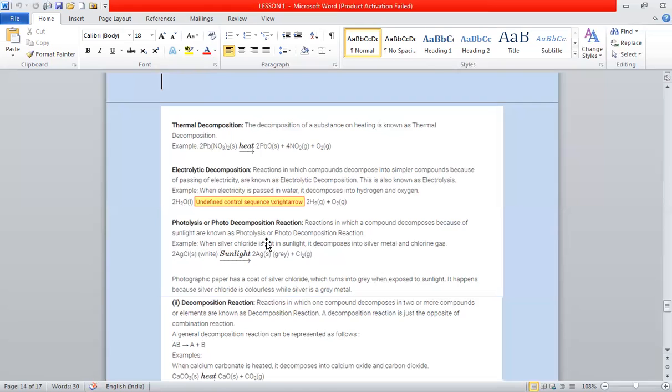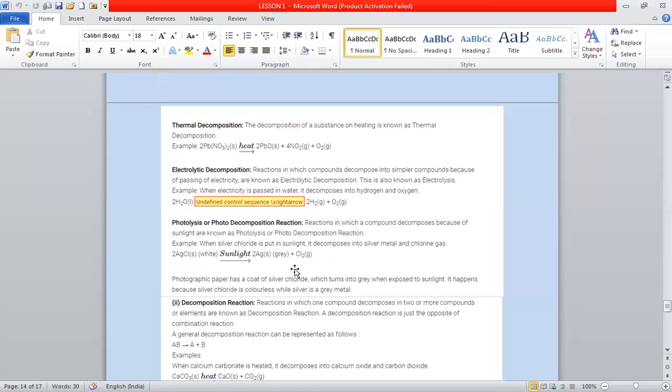It is known as photolysis or photolytic decomposition. Example: when silver chloride is put in sunlight, it decomposes into silver metal and chlorine gas. 2AgCl, when exposed to sunlight, breaks up into 2Ag plus Cl2.